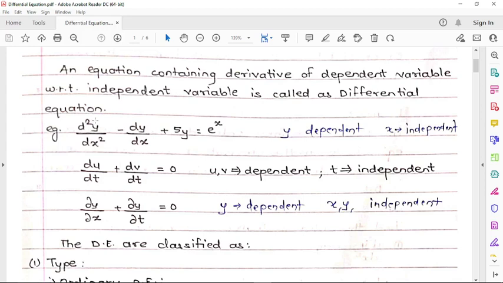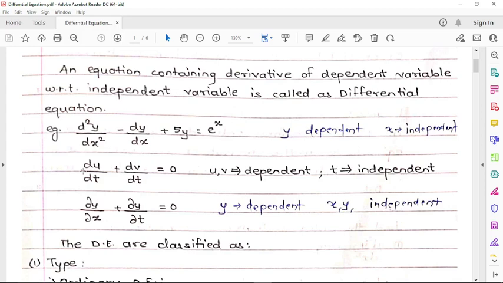So here y is the dependent variable. Why? Because y depends on x. Any change in x will make a corresponding change in y. So y is the dependent variable and x is the independent variable. x is not dependent on any other variable.